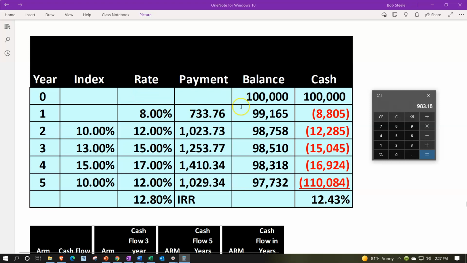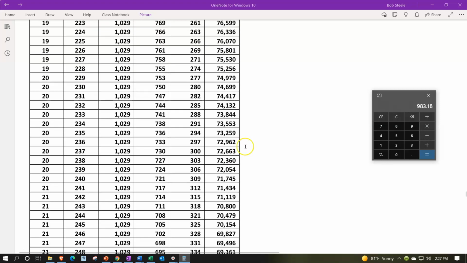The balance here, notice that we can double check the balance as we go. We can look at the 99,165, the 98,758, the 98,510. So let's just check that real quick.